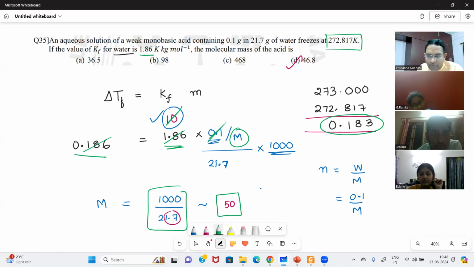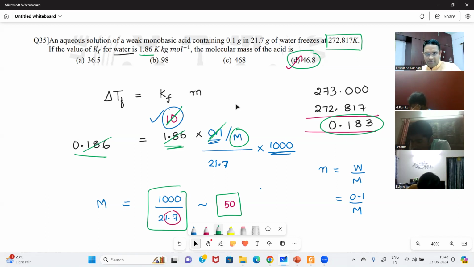But my denominator is not 20, it is 21.7, which means it's more than 20, right? Because the denominator is slightly more than 20, your answer will be slightly less than 50. So we boil down to this answer. Clear, Evelyn? Yes, sir. Very good.